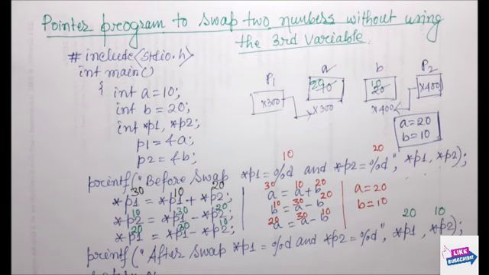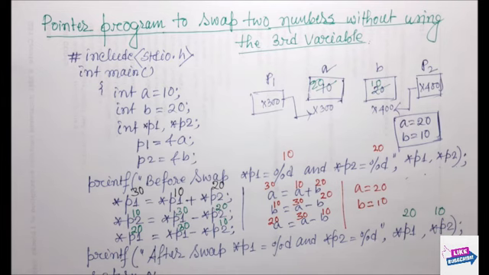And the next one is, I have explained with this example how to swap two numbers without using a third variable, and this program using pointers is very important for your exam.